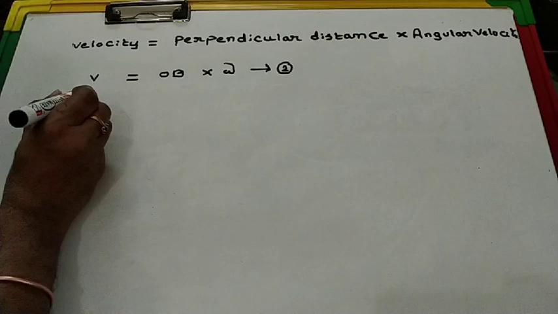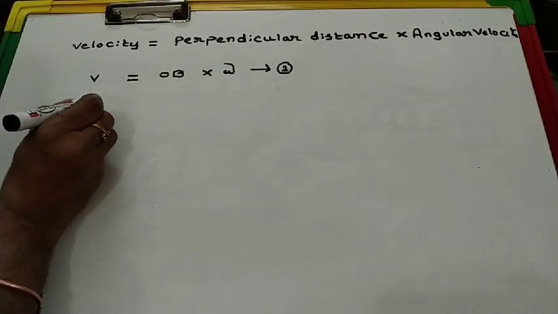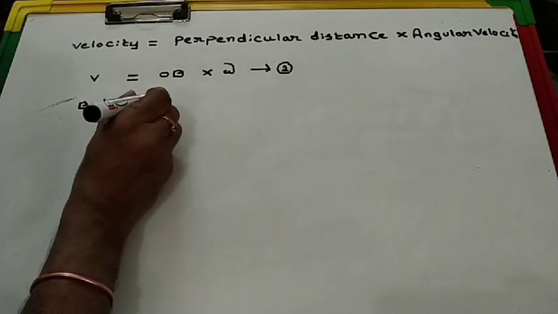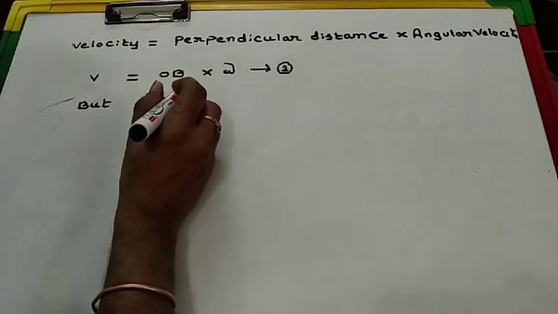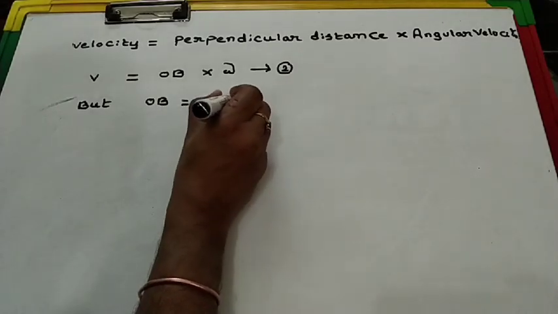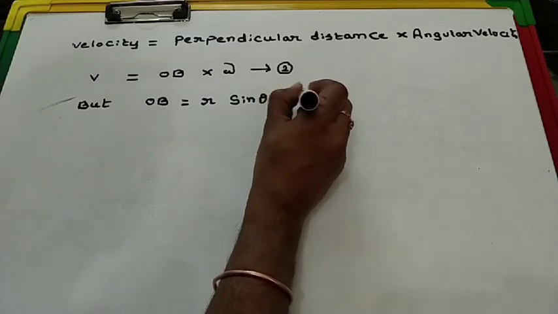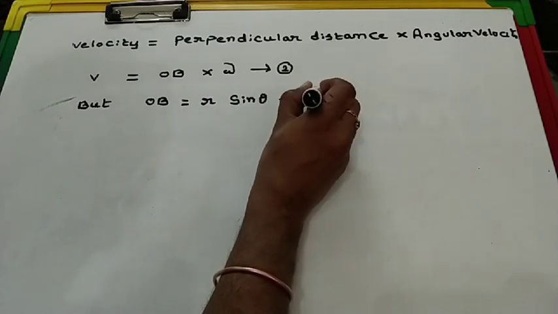Now but OB is equal to r sin theta, equation number 1.